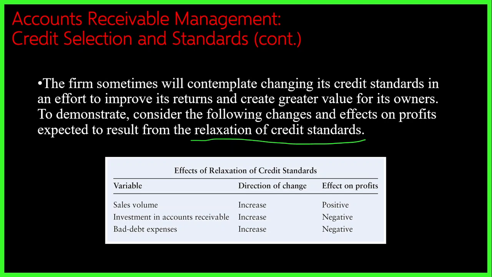Aba, mas gusto nilang mangutang sa'yo. Or, for example, normally N30, but now you change that to N45 or N60. Kaya mas mahaba na yung credit period. Mas marami ng customers. Mas marami ng bibili sa'yo. So, the sales volume will go up and that will result to higher sales and higher profits.